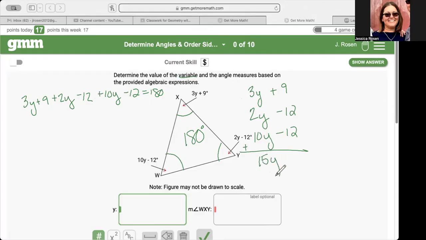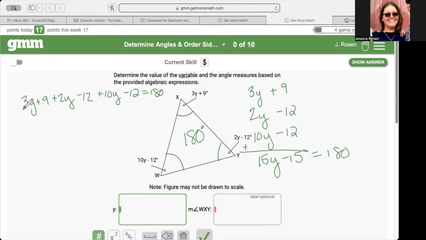So 15y. And then this, I'm just going to plug into my calculator to make sure I don't make any small errors. But hopefully we know negative 12 and negative 12 is negative 24, right? And then we're going to add 9, which gets me negative 15. So for me, it's just easier to do it this way.